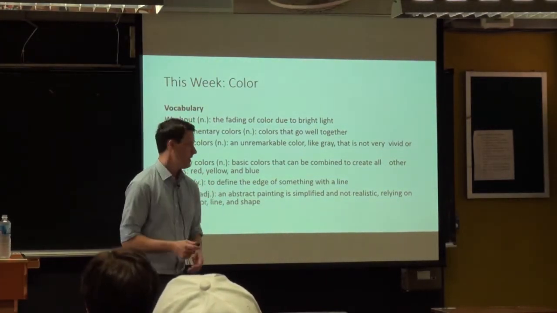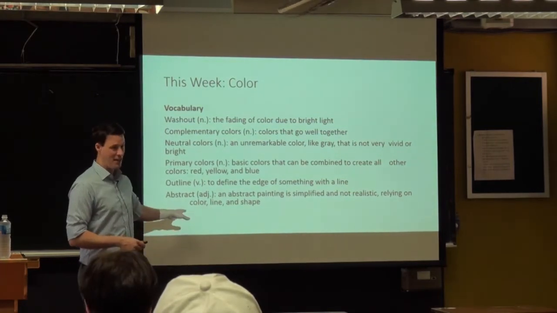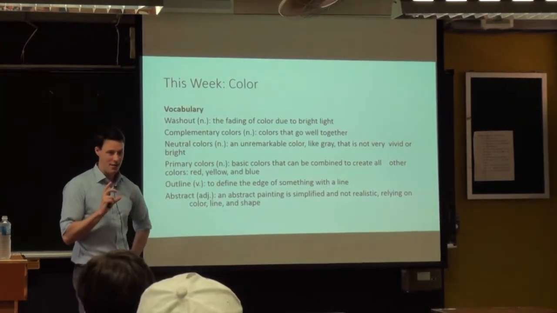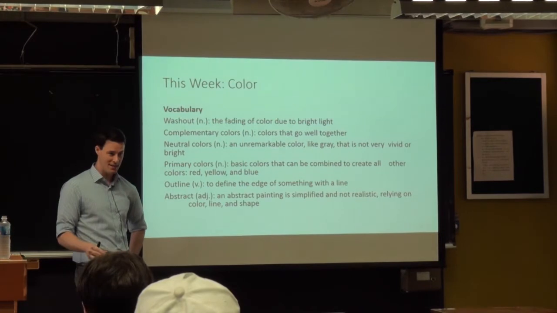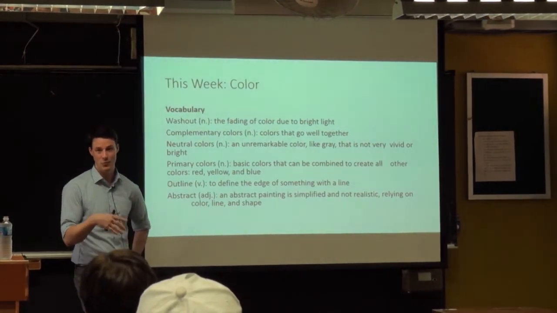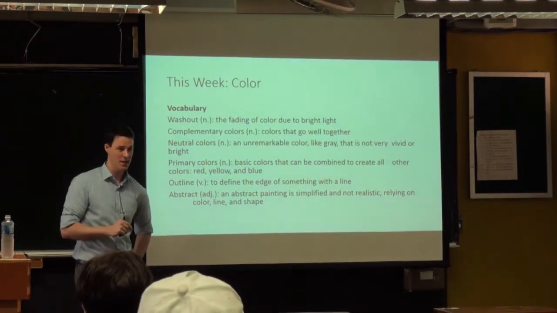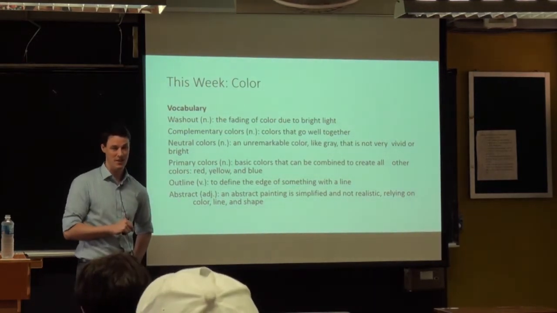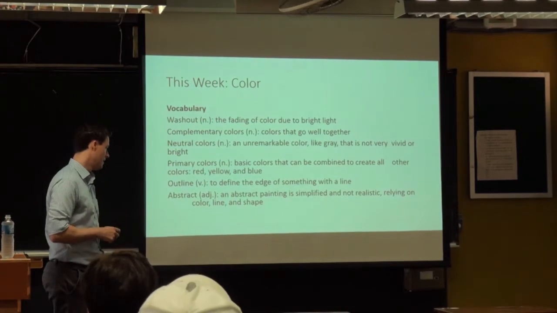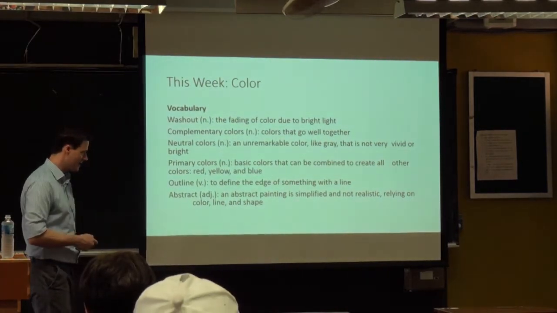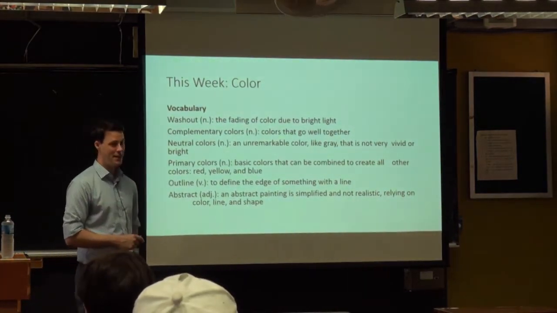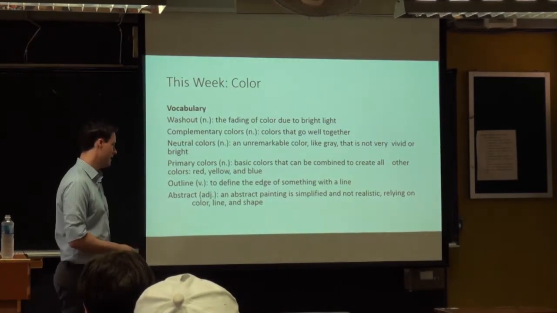I'm going to be talking today quite a bit about the difference between realistic painting and abstract painting, and we'll see how that develops in history, back in the 19th century, in the 1800s. But basically, abstract is simplified and not realistic.